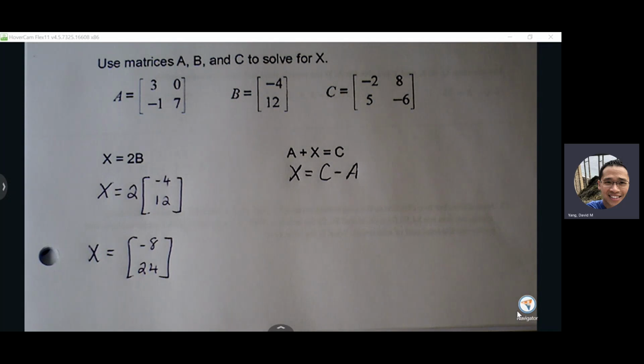Can we do it? Are A and C the same dimensions? Yes. Okay, so go ahead and set that up. Make sure you keep track of your negatives.